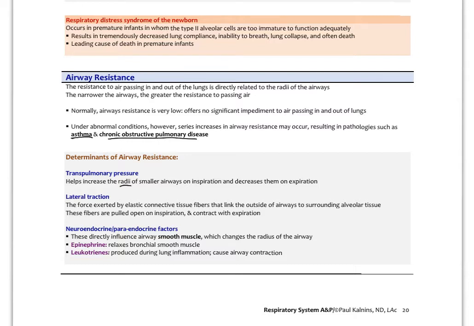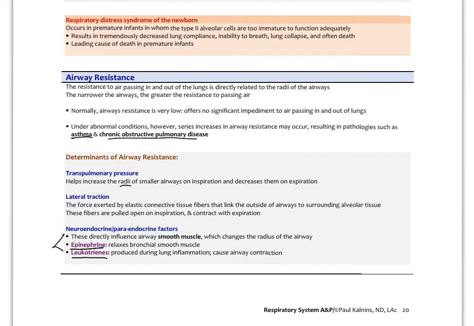But the most important factors here are probably neuroendocrine, and that would be the factors that influence smooth muscle, especially on the bronchioles. And so I already talked about how the sympathetic nervous system, epinephrine and the norepinephrine really relax. They cause bronchodilation. And then leukotrienes, which are inflammatory mediators, they tend to cause bronchoconstriction.